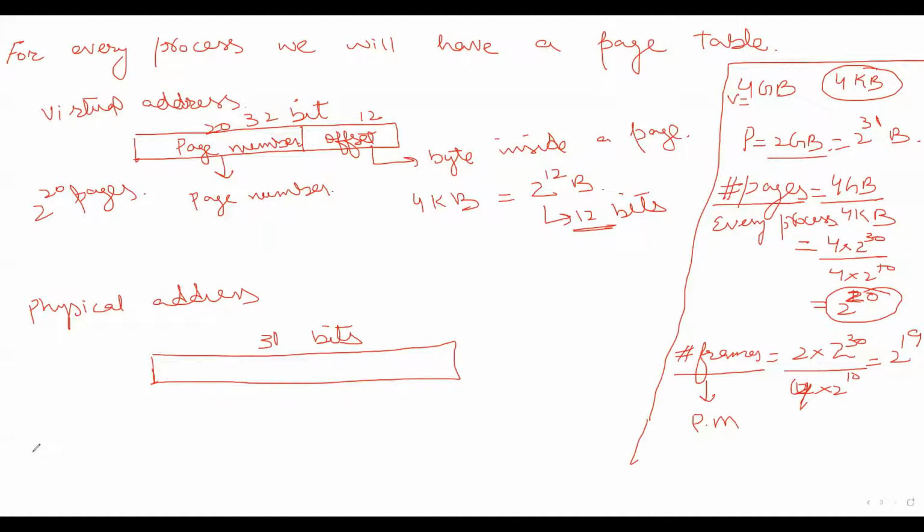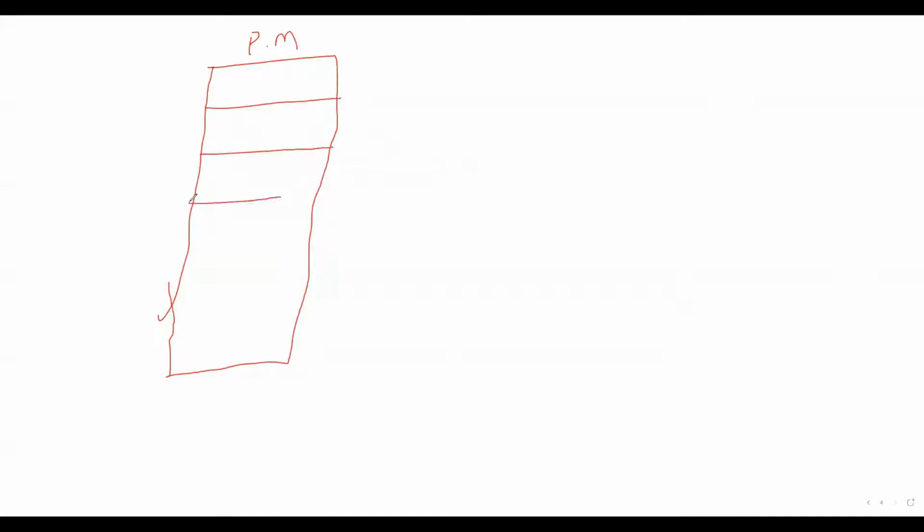Now, in our scheme, this is our physical memory, and these are the frames. Every frame has a frame address. And as I said, these frames contain pages of different processes.